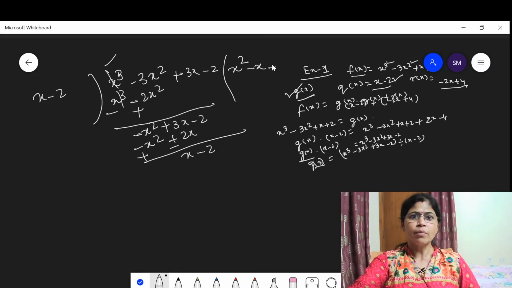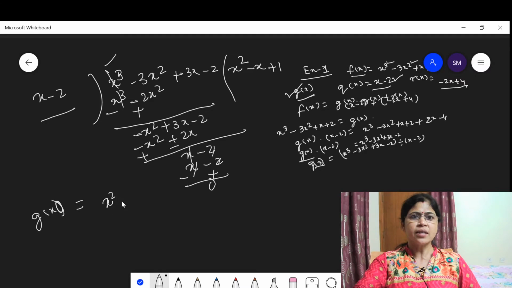Then multiply with 1: 1 into x, 1 into minus 2, and we get the remainder 0. This is q(x), so we come to the conclusion that g(x) is x square minus x plus 1.